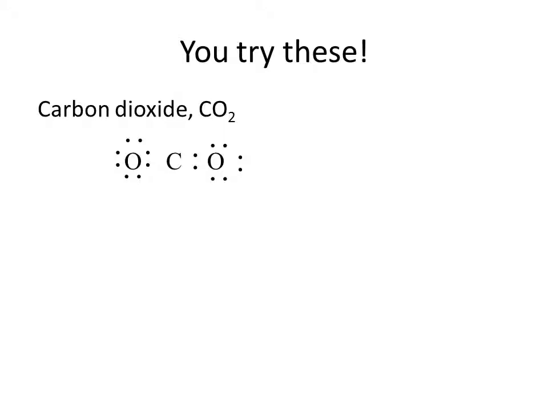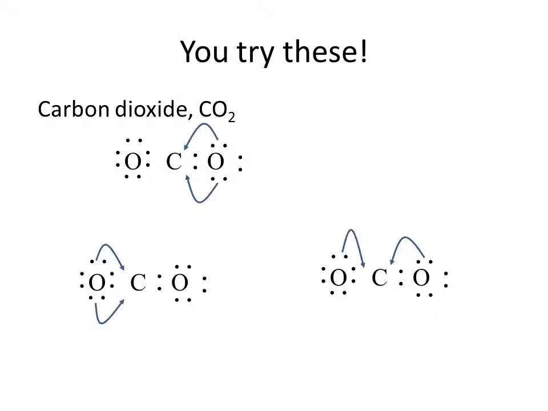Now, with this structure that I've drawn here, there's a lot of options for how we can share electrons. I could go from the carbon, which is unstable, to the oxygen on the right and take two non-bonding pairs and move them in. I could take the electrons that are on the left oxygen and move them between to share. Or I could take one pair from each oxygen and move them in.